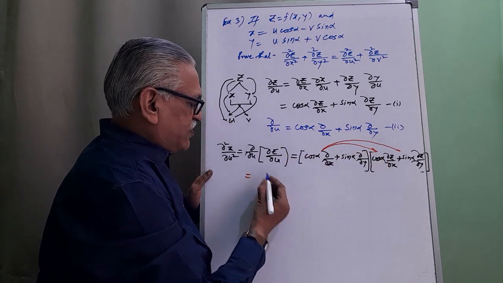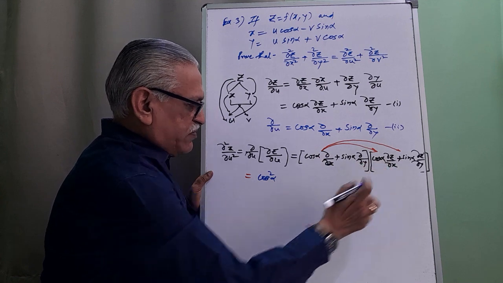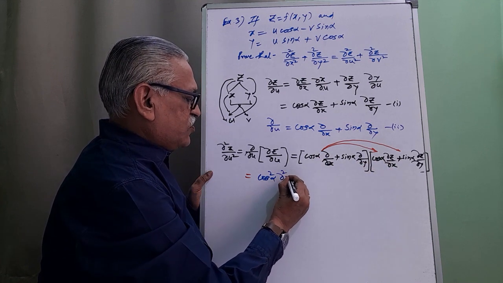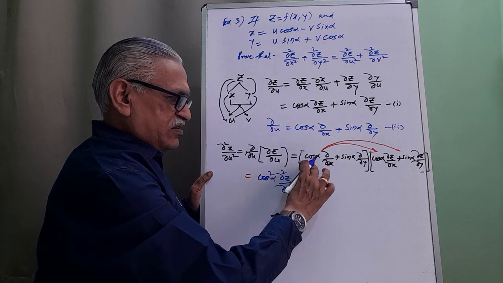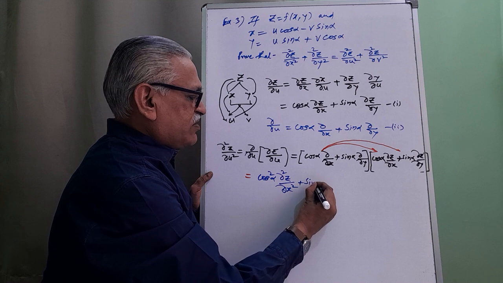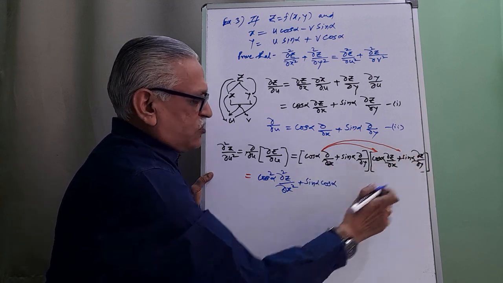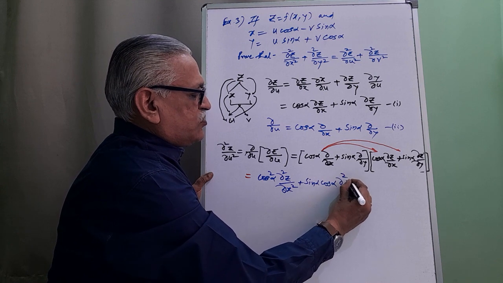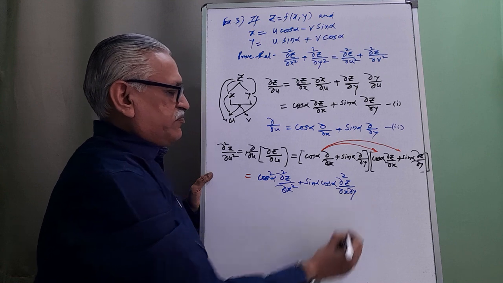cos alpha into cos alpha, we get cos square alpha. Dou by dou x of dou z by dou x, we get dou 2z by dou x square. This operator on this, that product is sin alpha cos alpha. Dou by dou x of dou z by dou y, that becomes dou 2z by dou x dou y.